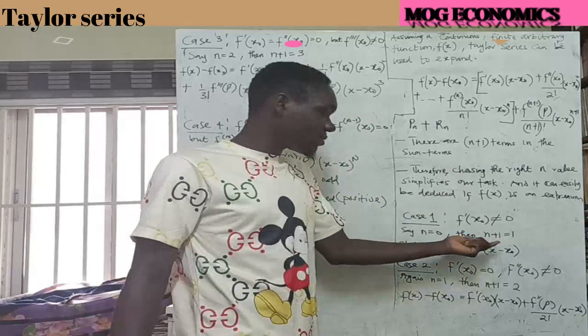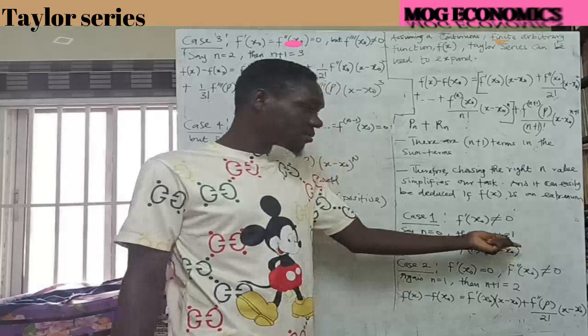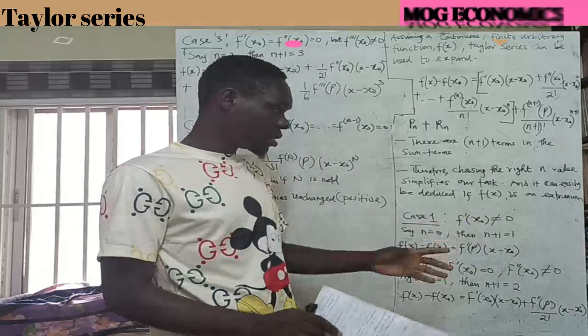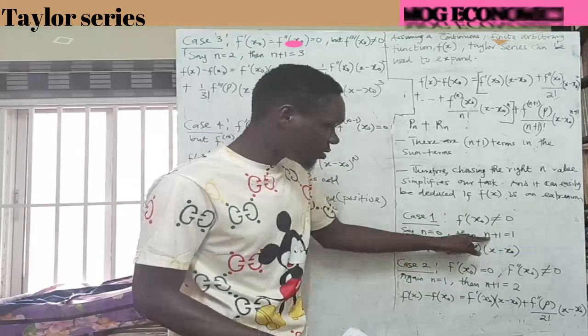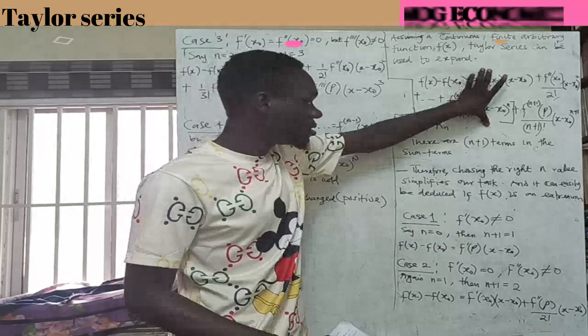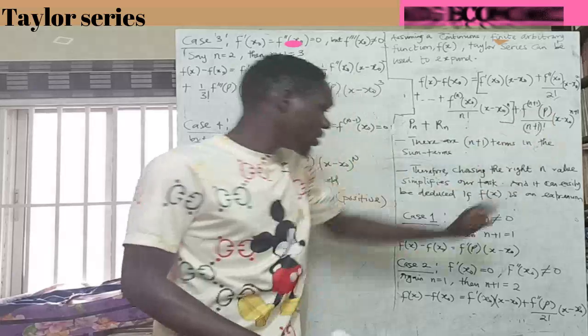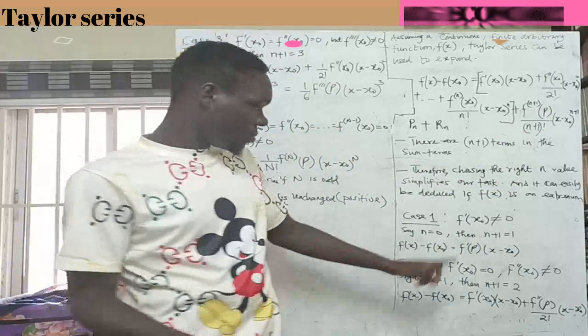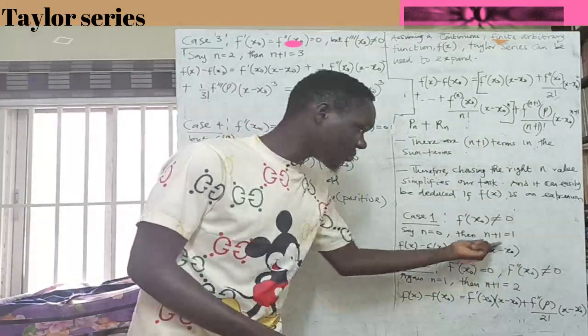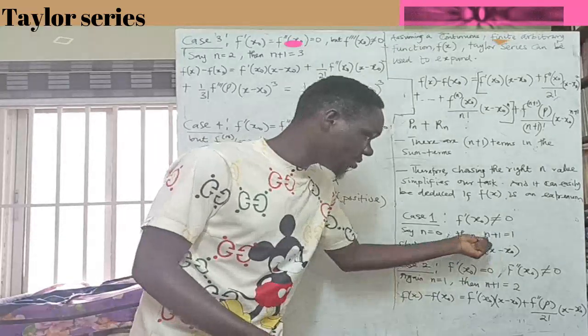Like I said, the definition of this n plus 1 term is talking about the total number of elements within this, and the 1 here stands for the remainder term. So assuming n is 0, it means we have just the remainder term. If we evaluate this 0 plus 1, that's 1.